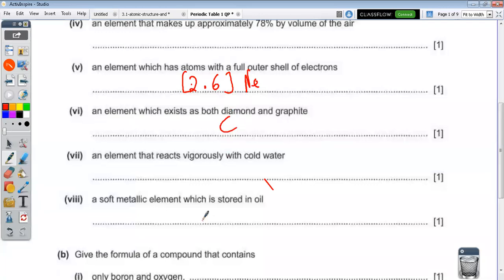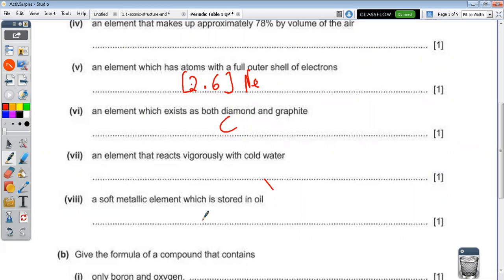An element that reacts vigorously with cold water. Vigorously, what is that? With cold water? We learned that. Are you in your period two then?